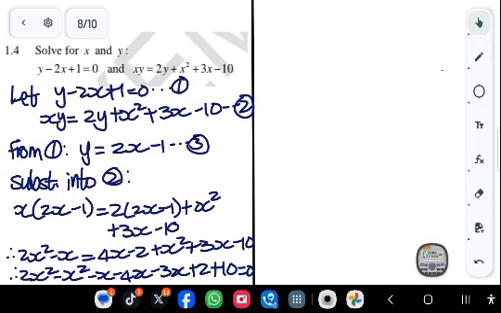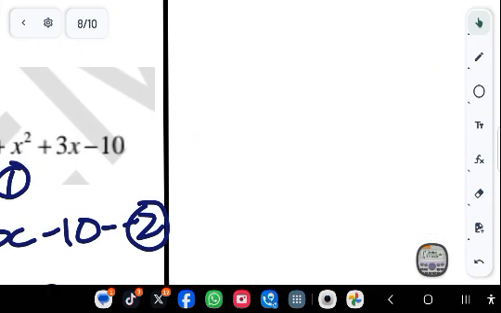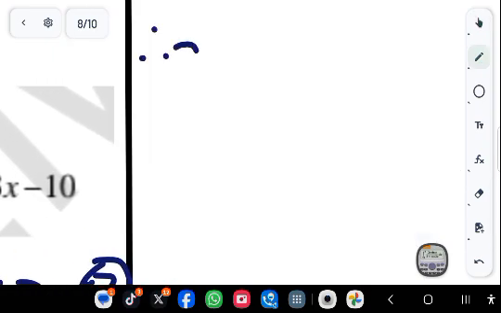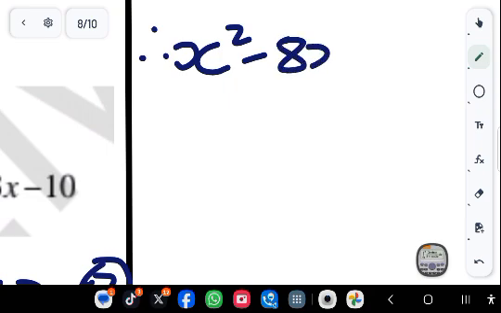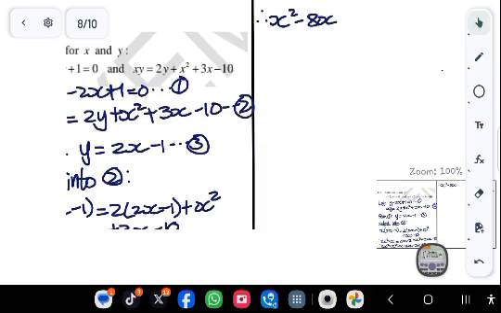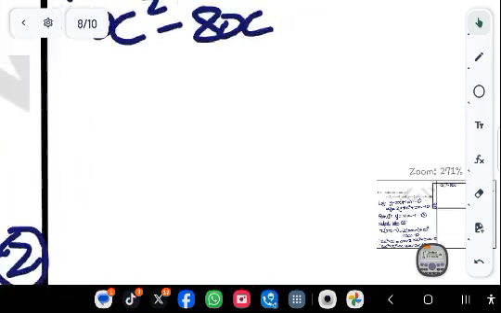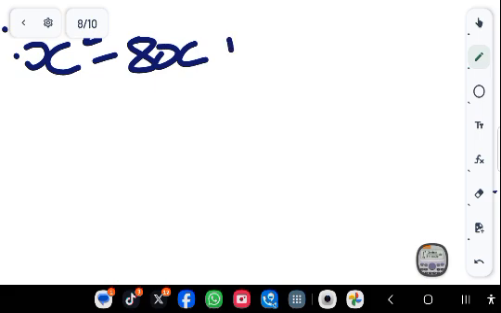All right, the x squared gives us 1x squared, and then the x's, that's -1, -4, -3, minus 8x. So that's x squared minus 8x plus 12 equals 0.